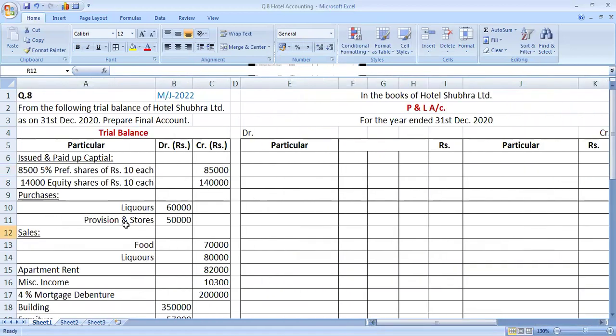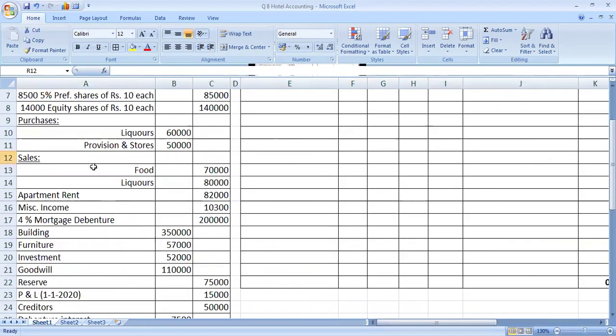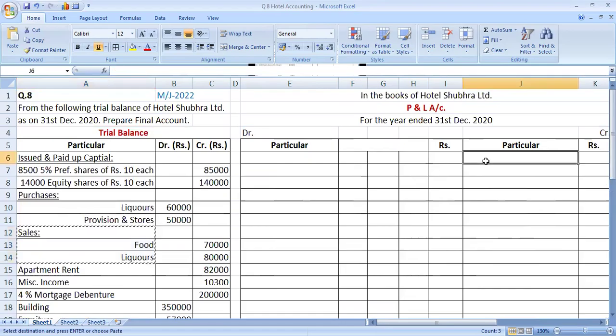Next item, purchases, that I will solve after the opening stock. Sales: food and liquor go to the profit and loss account credit side.